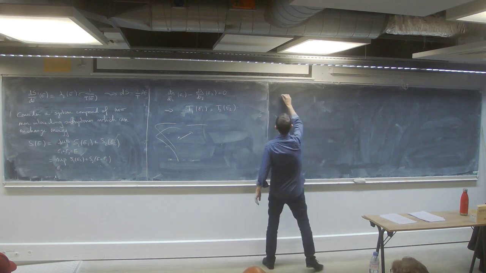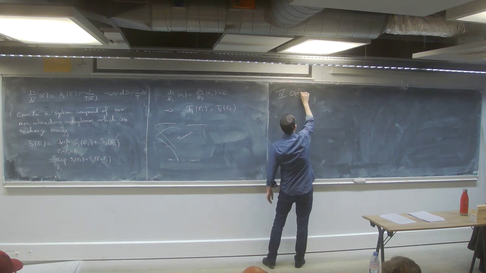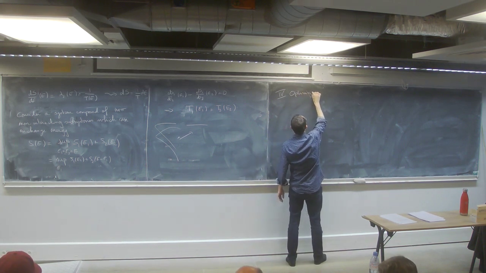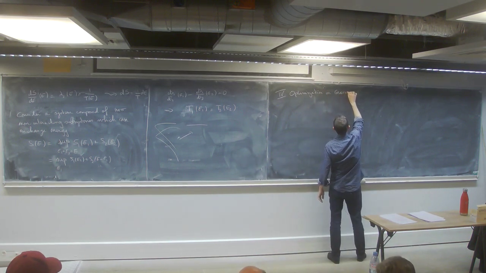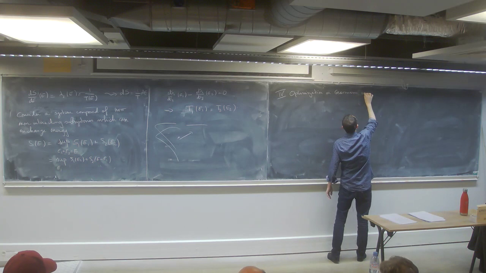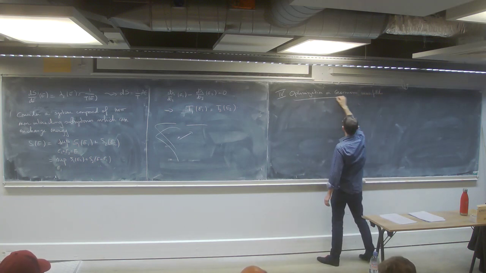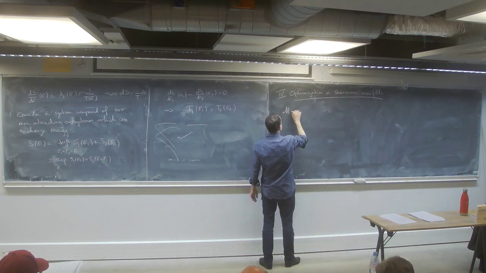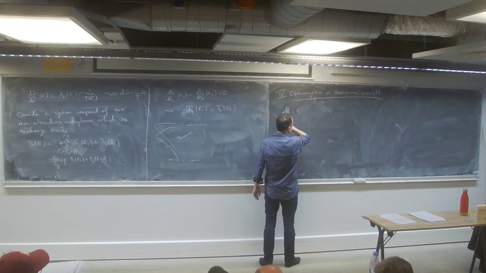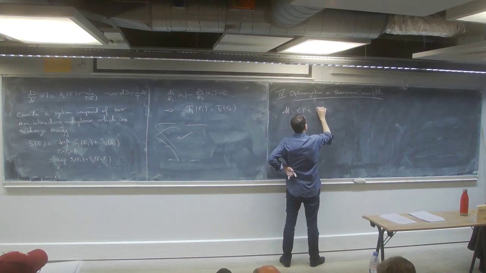All right, so last point is about optimization on Grassmann manifolds. So what is a Grassmann manifold? I assume for simplicity that the overlap matrix is an identity.